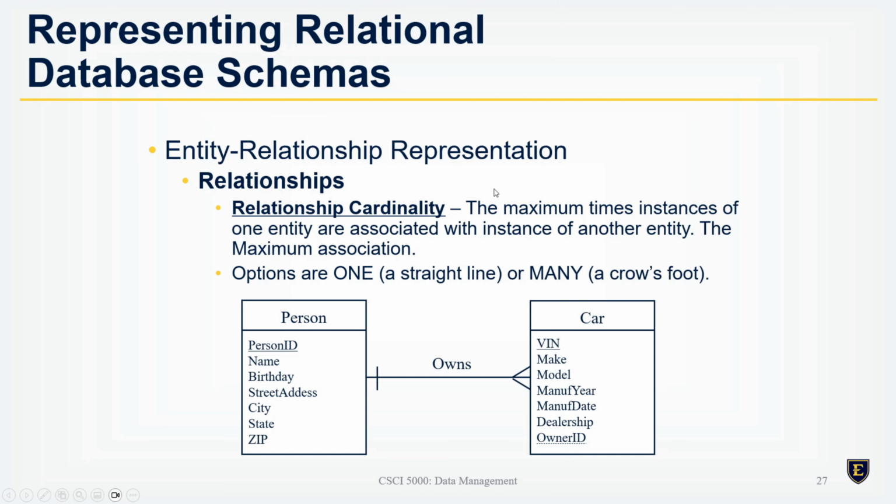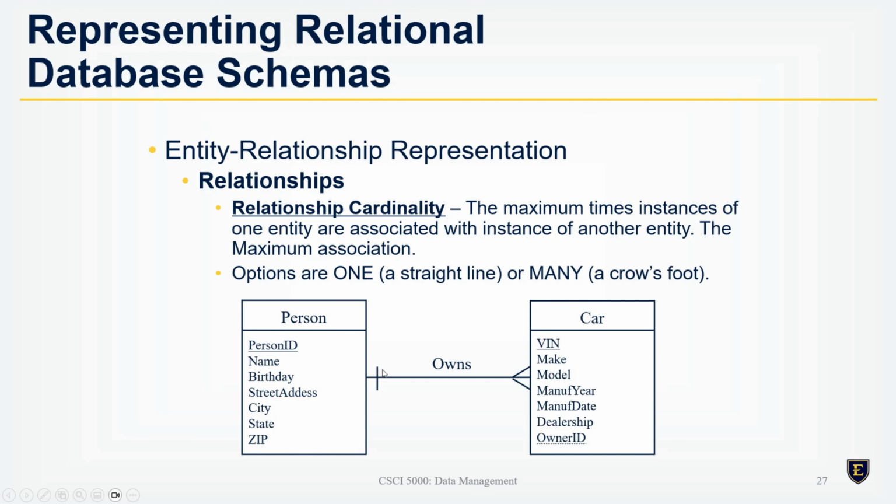So the options here are called cardinality. It's the maximum number of times that an instance can be associated with an instance of the other entity. So a car can only be associated with one person because only one person can own it. But a person can own many cars.